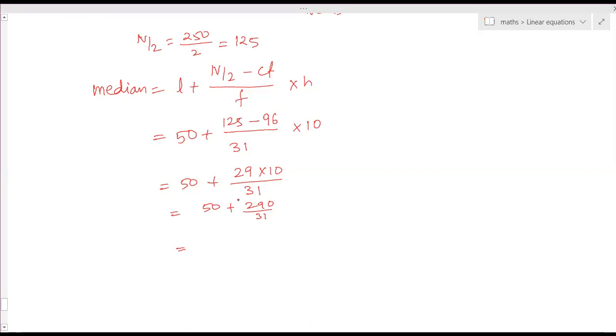Ma'am, 9.35, and it continues. So 50 plus this is 59.35.